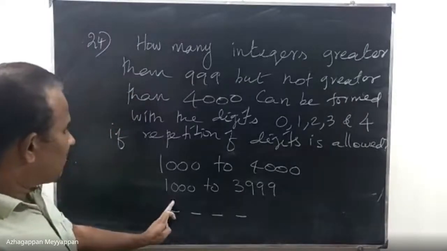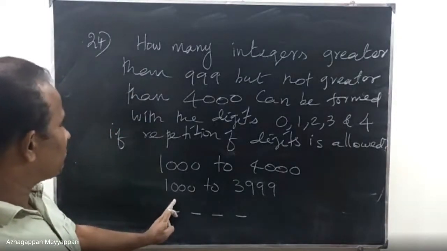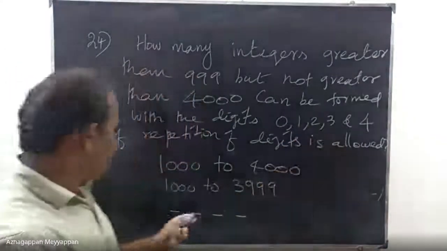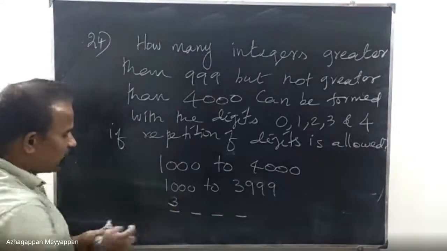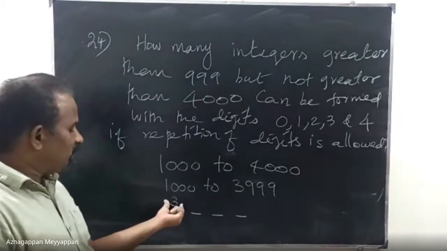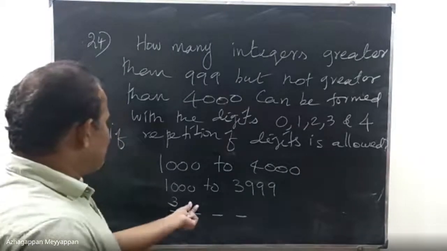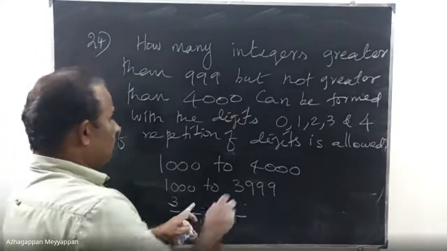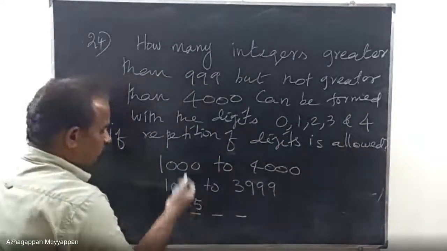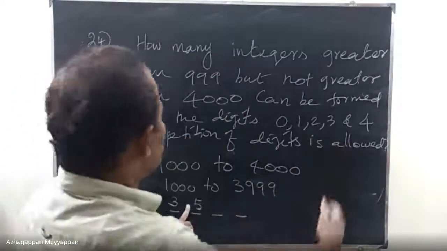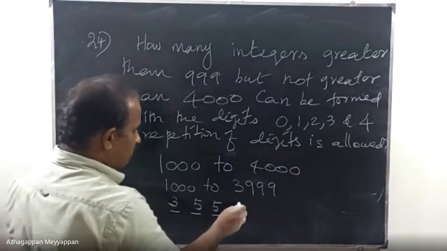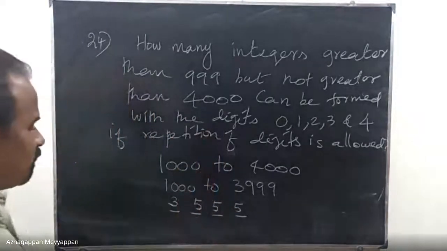The possibilities for the first digit are 1, 2, 3 only, 3 possibilities. 4 will not come. Then for the second digit, everything will go: 1, 2, 3, 4, 5 possibilities. Repetition is allowed, 5 possibilities. And again 5 possibilities, again 5 possibilities.